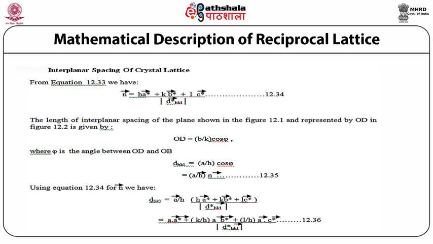given as equation 12.35. Using equation 12.34 for n vector, we have d hkl equal to a by h dot (h a star plus k b star plus l c star) upon modulus of d star hkl vector, which is equal to a dot a star plus k by h a dot b star plus l by h a dot c star upon modulus d star hkl, which is given as equation 12.36.